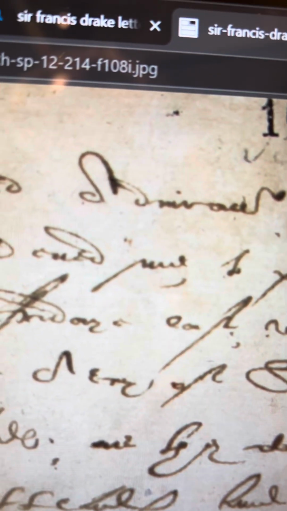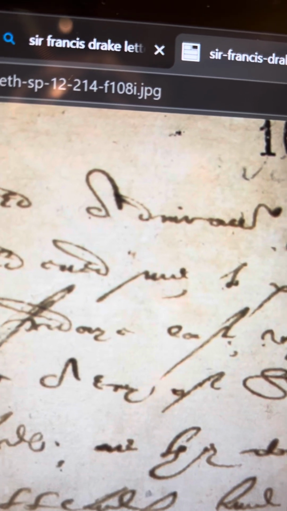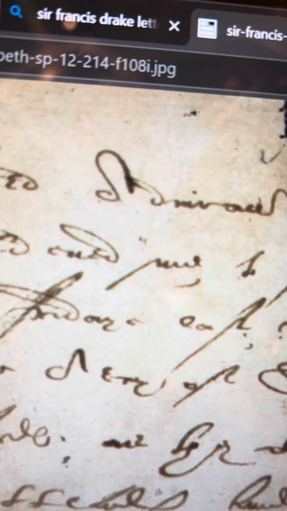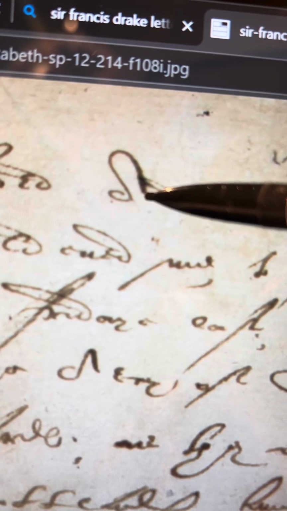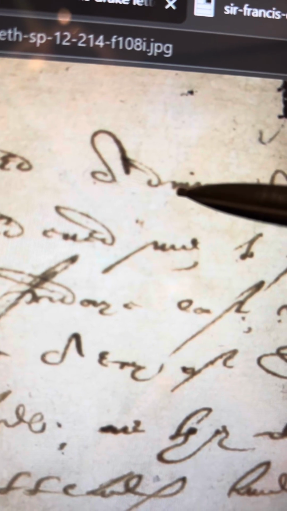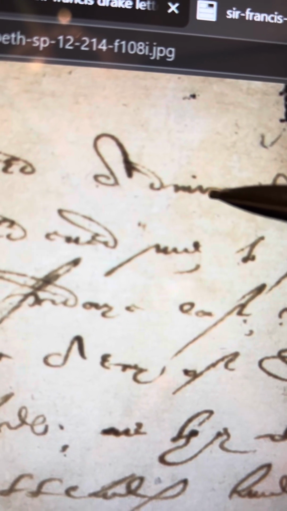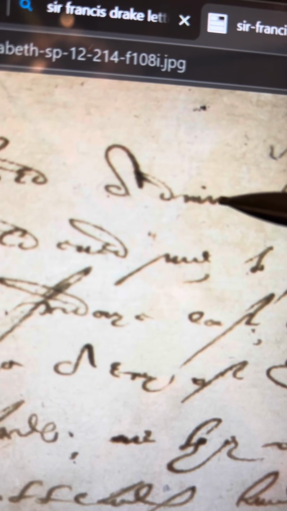And then here we have the word admiral, but again we have another A. I don't know if that's a capital A or just a different way, but it looks like a musical note, but that's the A. Another D, an M, I. Looks like he actually dotted the I. He doesn't normally do that.